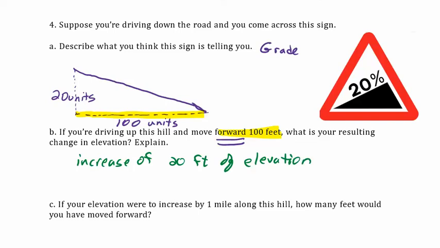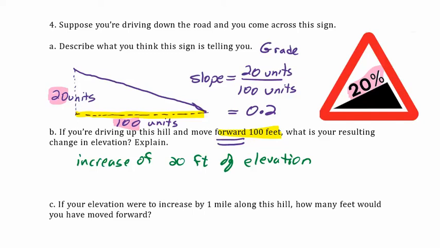I kind of took for granted here that you saw the connection between the 20% and the 20 over 100, but maybe I should take a second and talk about that. If we looked at the slope of this line, it would be the vertical change, which is 20 units, over the horizontal change, which is 100 units. Okay, so 20 divided by 100 in decimal form would be 0.2, and since these are the same units, feet, whatever, those would cancel out.